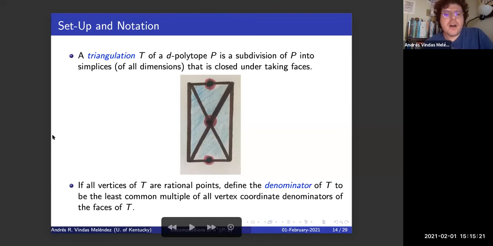So if all vertices of the triangulation are rational points, we also define the denominator of the triangulation. And that's going to be the least common multiple of the vertex coordinate denominators of all the faces of the triangulation, okay? So there's a slight distinction between the denominator of the polytope and the denominator of the triangulation, yeah?